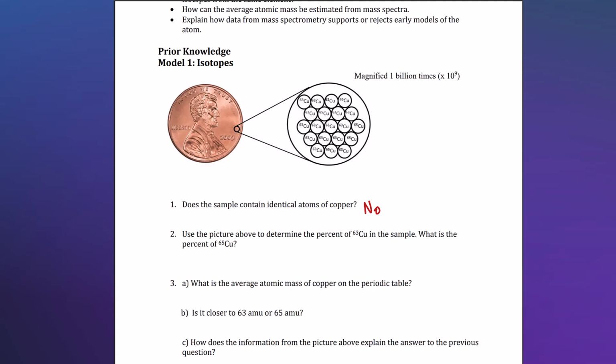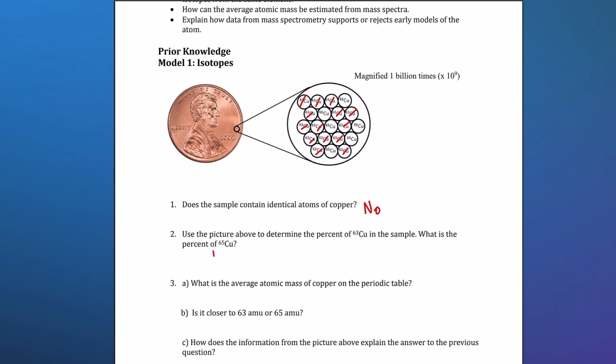And so question 2, use the picture above to determine the percent of copper 63 in the sample. What's the percent of copper 65? And so basically what we're going to do is count all the copper 63 atoms and then all the copper 65 atoms. So I'm going to go ahead and count. So we got 1, 2, 3, 4, 5, 6, 7, 8, 9, 10, 11, 12, 13, 14.